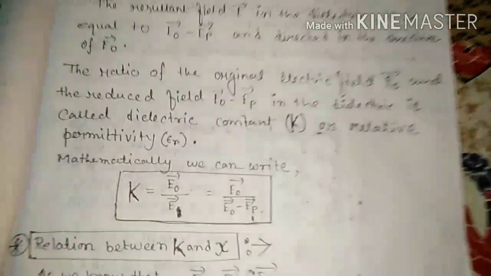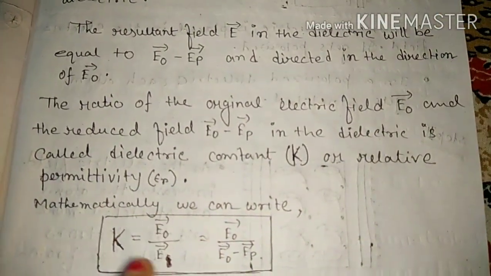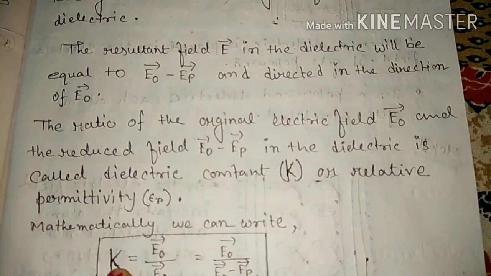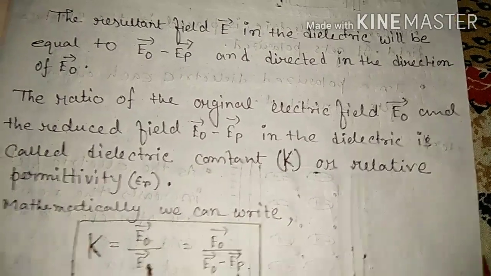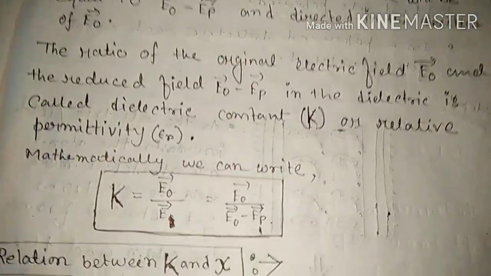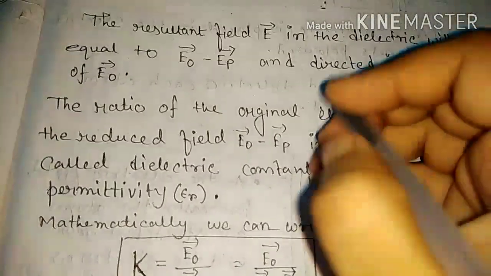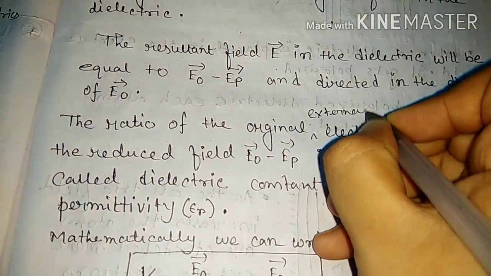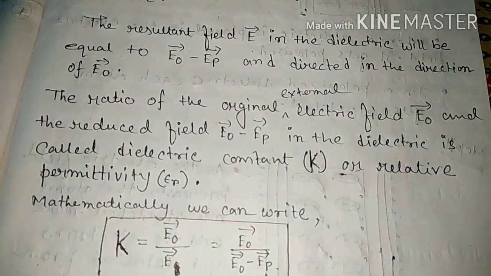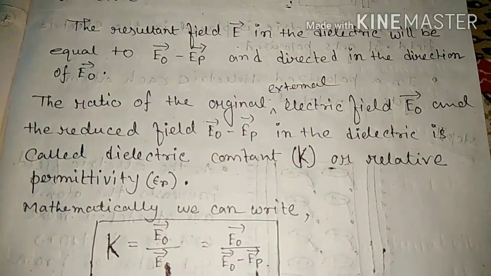Okay, so mathematically we can write the dielectric constant K equals the ratio between the original external electric field E0 and the reduced electric field.